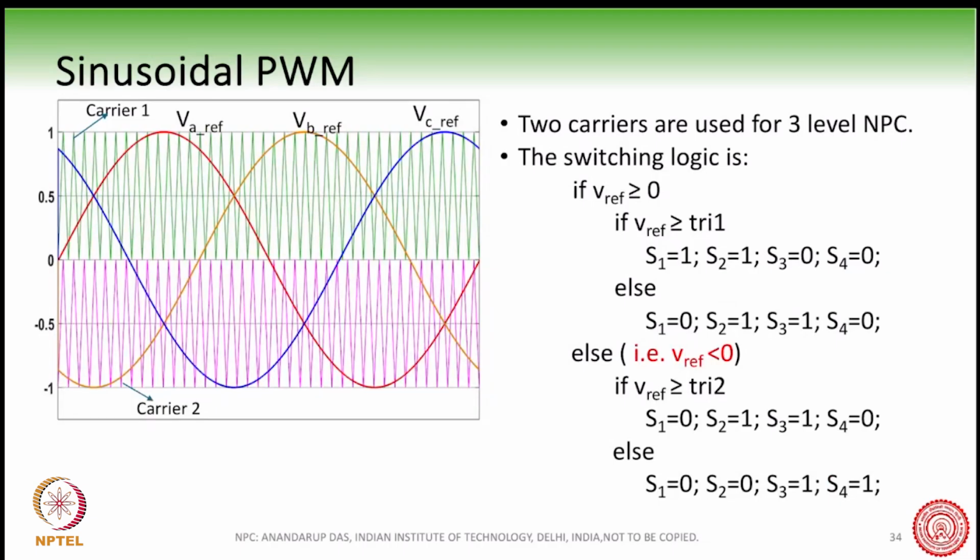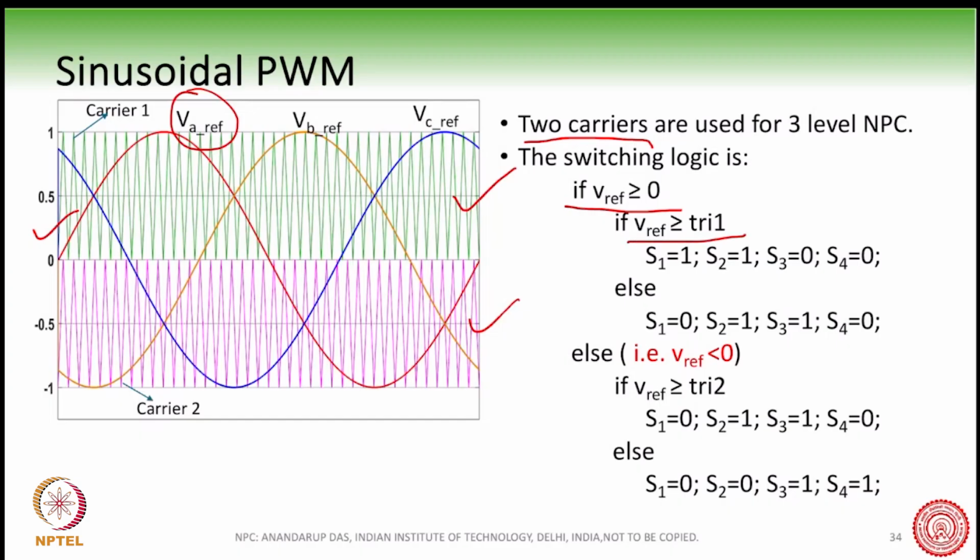So here we basically use two carriers. There is a top carrier and there is a bottom carrier, carrier 1 and carrier 2. So what is the switching logic? The switching logic is, suppose you take any reference, if VREF is greater than 0, which means we are in the top side.